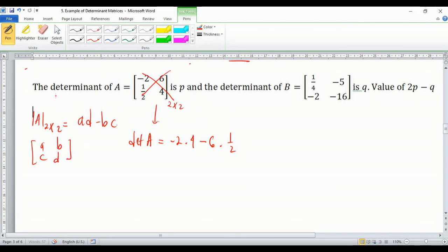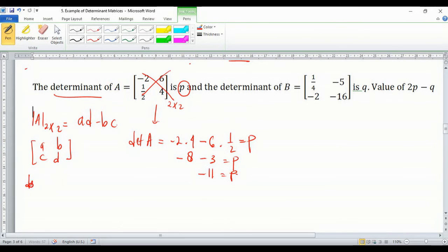They're talking about the determinant of A, which is equal to P. So this value is minus 8 minus 3, equal to minus 11, equal to P, I mean. So P is minus 11.